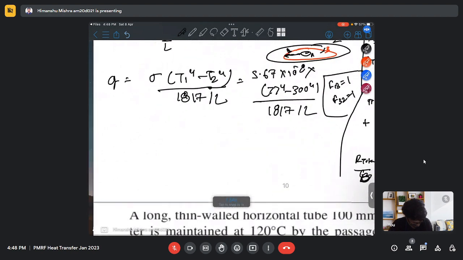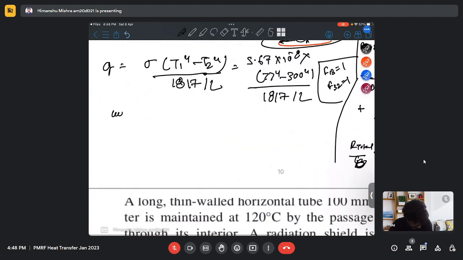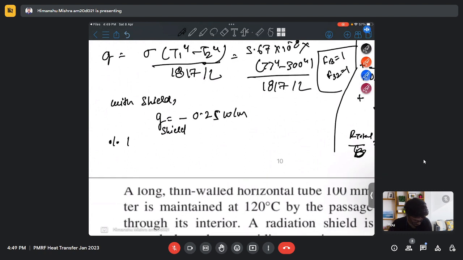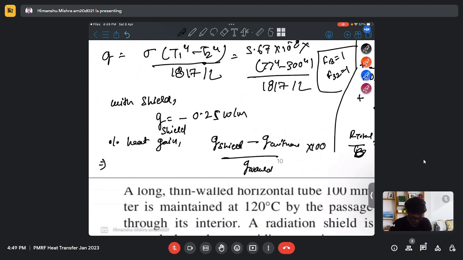So my heat transfer with shield is minus 0.25 watt per meter. This is with shield. So my change in percent heat gain will be heat transfer with shield minus without shield, divided by without shield, times 100%.